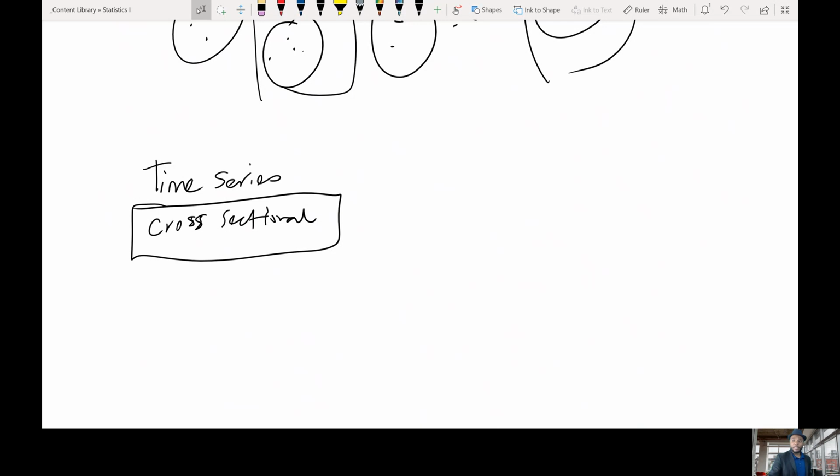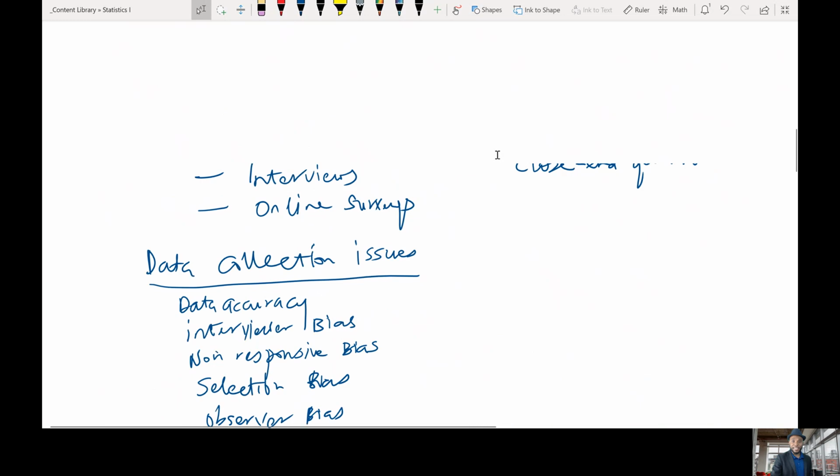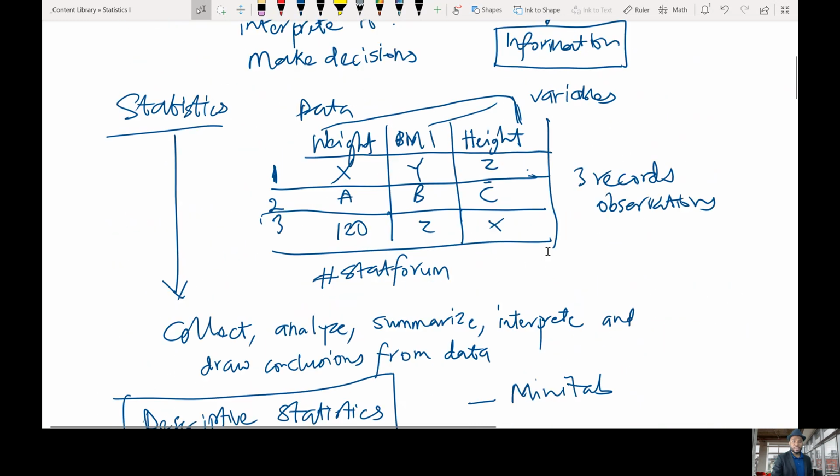Okay, and we have looked at an example of cross-sectional data earlier. So I came up with this data that's collected at a point in time from different participants. We collected their weights, the BMI, and their heights.